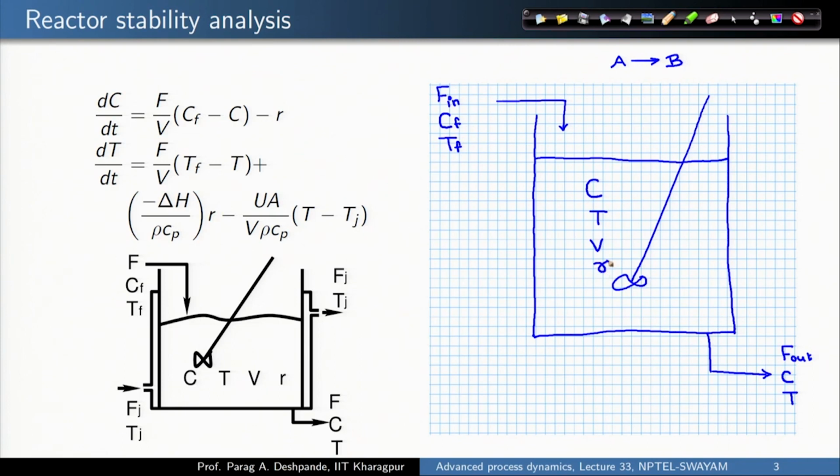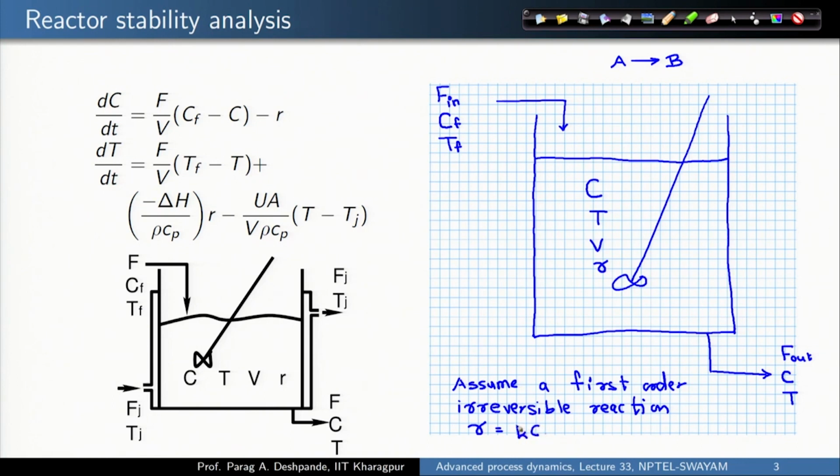Okay. Now, if we assume a first order irreversible reaction taking place inside the reactor, then I can write R is equal to k C, that is it.